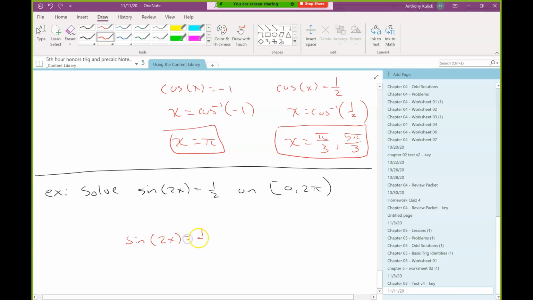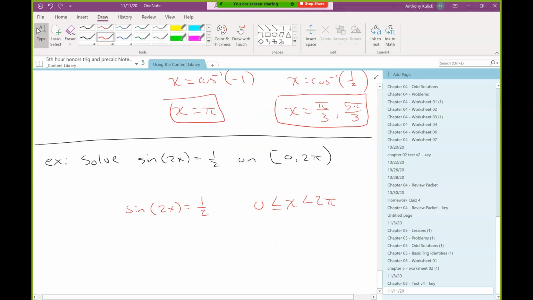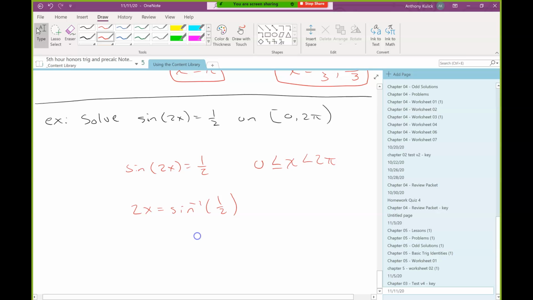And I'll worry about that when we get to it. But we would start the same way, just trying to get the x by itself. So we would take the inverse sine of both sides. And then we would go to our unit circle and look up the places where the y-coordinate is 1/2. That happens at pi over 6, as well as 5 pi over 6.